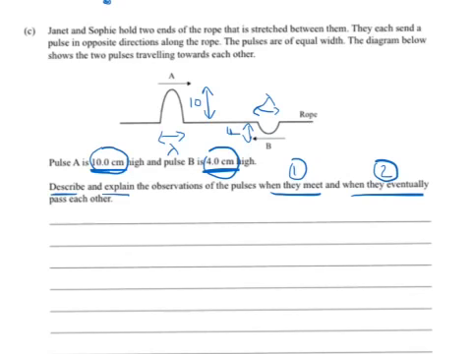Okay, so the description for when they meet, there'll be a single, oh hang on, they're on opposite sides to each other, but there will be a single peak or pulse or whatever you like, which will be the sum of the two peaks.